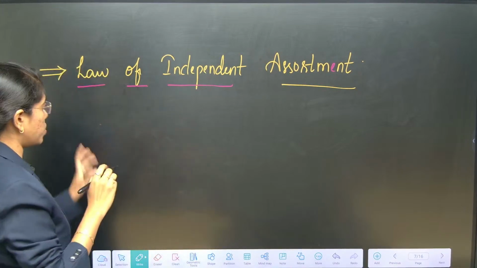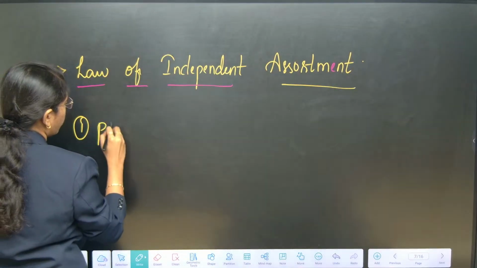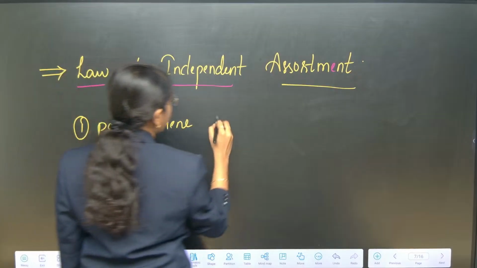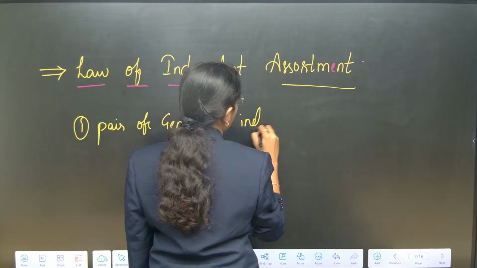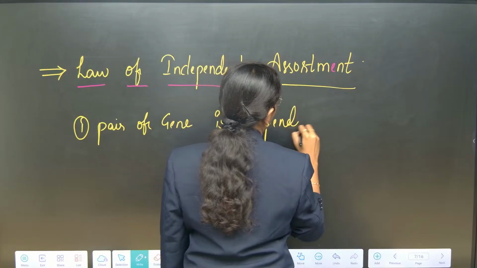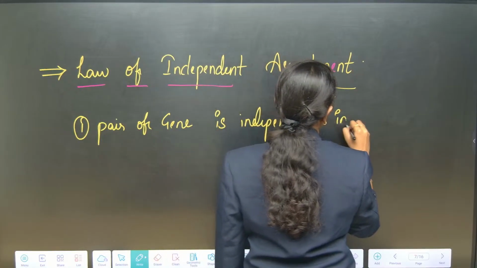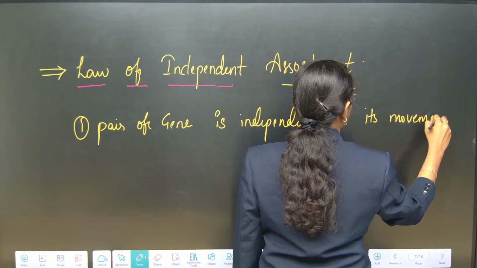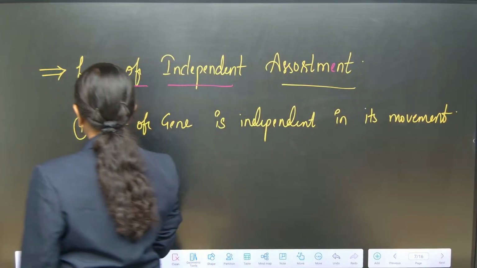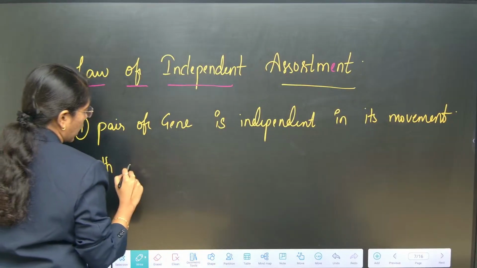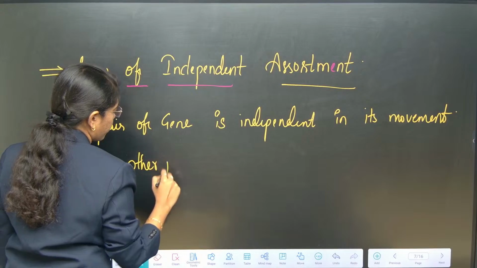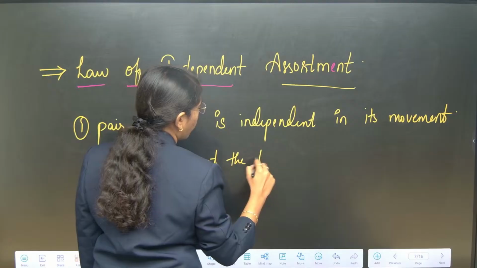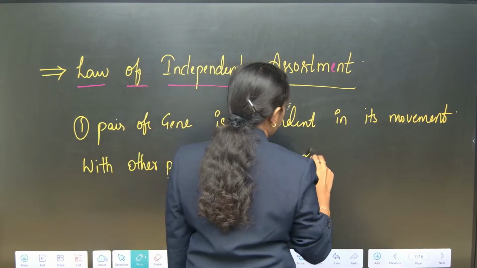One pair of genes is independent in its movement with the other pair at the time of gamete formation.